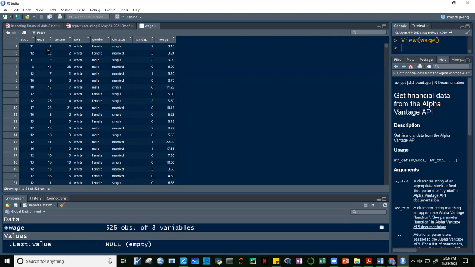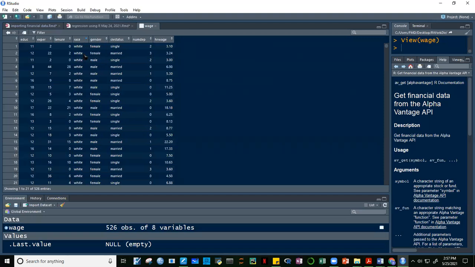Experience is the number of years in work. Tenure is the number of years in that specific work that person was engaged in at the time of the survey. Race, okay, so pwede siyang dalawang levels, white at saka non-white. So si race, white at saka non-white.